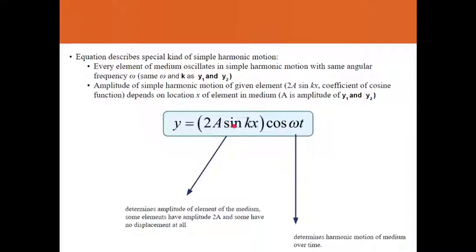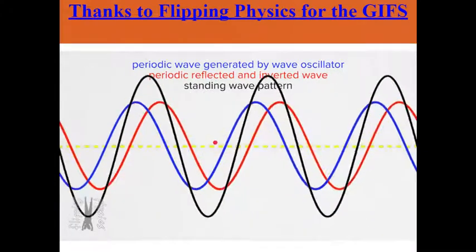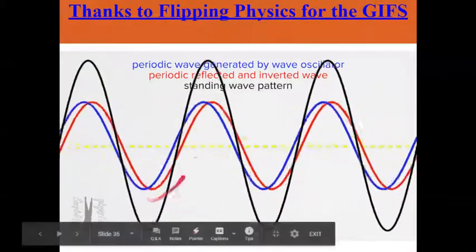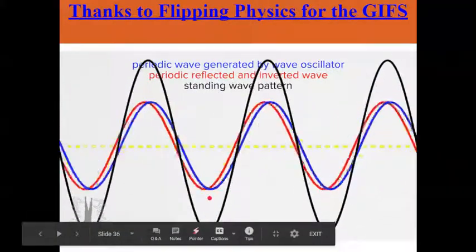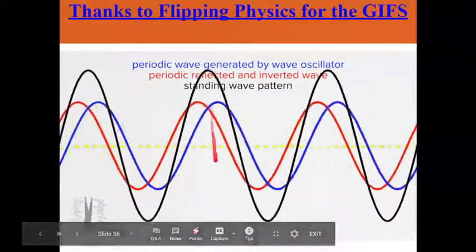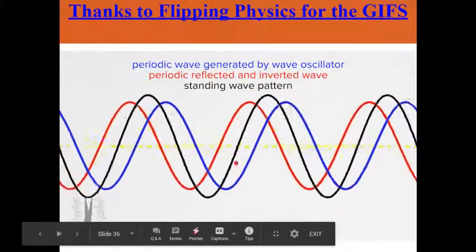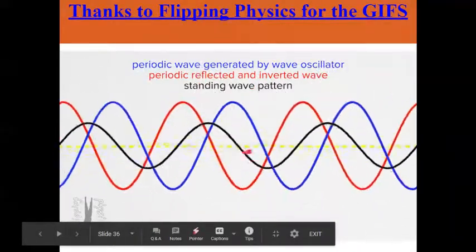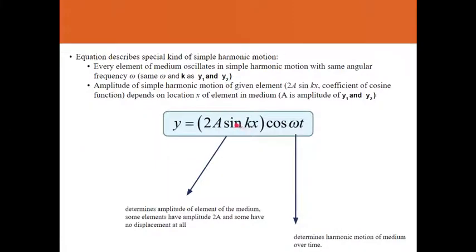What this tells you is that different points in the medium will reach different amplitudes, which makes sense because if we go back to the standing wave, only some points in the medium displace all the way to 2a and negative 2a, while other points go a bit less far and some points don't move at all. That's what the sine kx does. Throughout the medium, there'll be points of max displacement 2a, and then points of less displacement, all the way to 0 displacement.